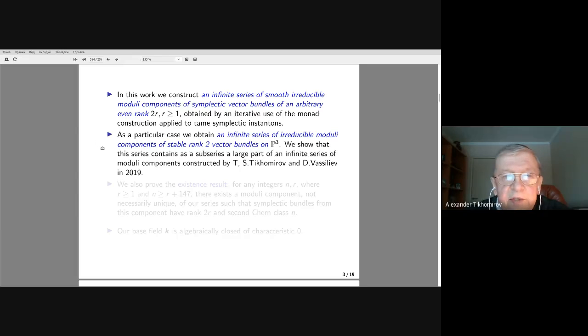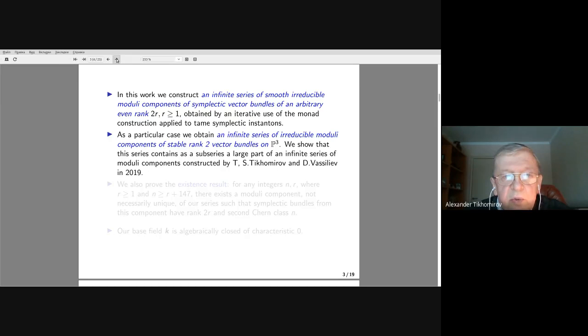We show that the series obtained here contains as a subseries a large part of the infinite series of moduli components of these rank 2 bundles constructed by myself, Sergei Tikhomirov, and Daniil Vasilyev in 2019.